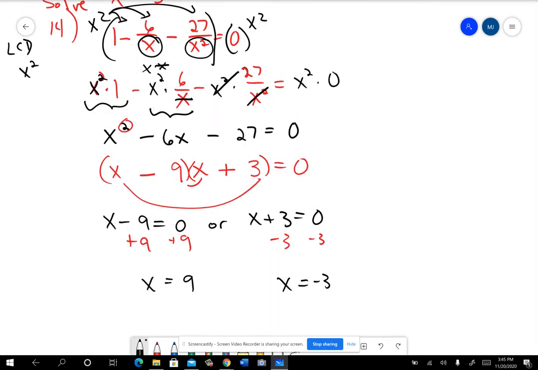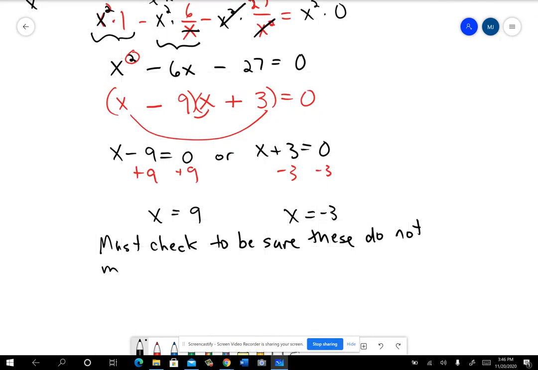Here's the thing. You actually have to check. You must check to be sure these do not make the denominator, I should say any denominator, equal to 0, okay?